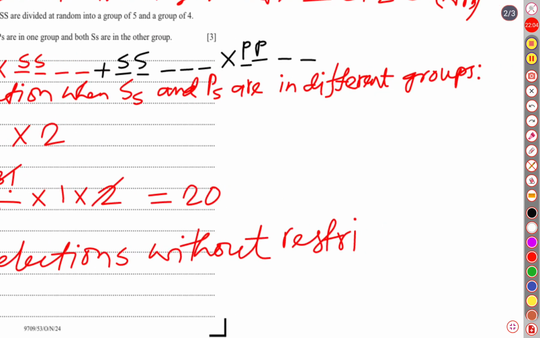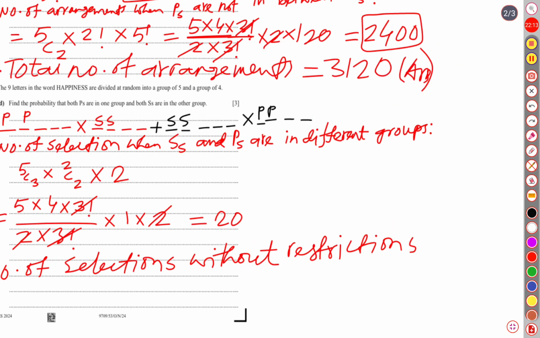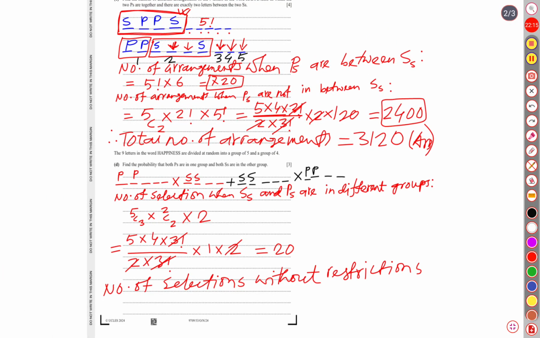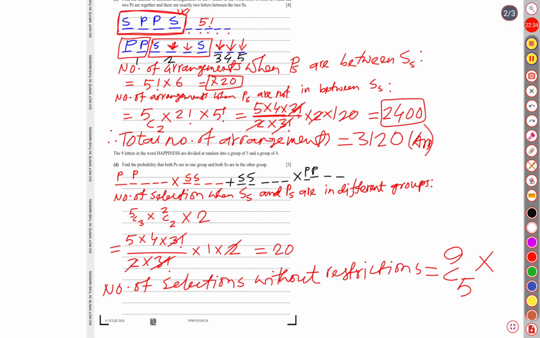Without restriction, how many ways can we select them? First of all, there are a total of 9 members. So out of 9, we will choose the first 5 for the first group. And there remain 4. Then from 4, we will choose all 4. 4 choose 4.